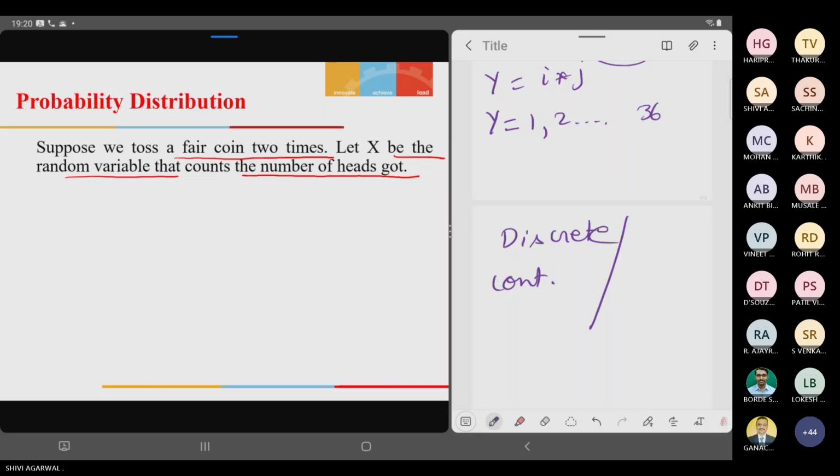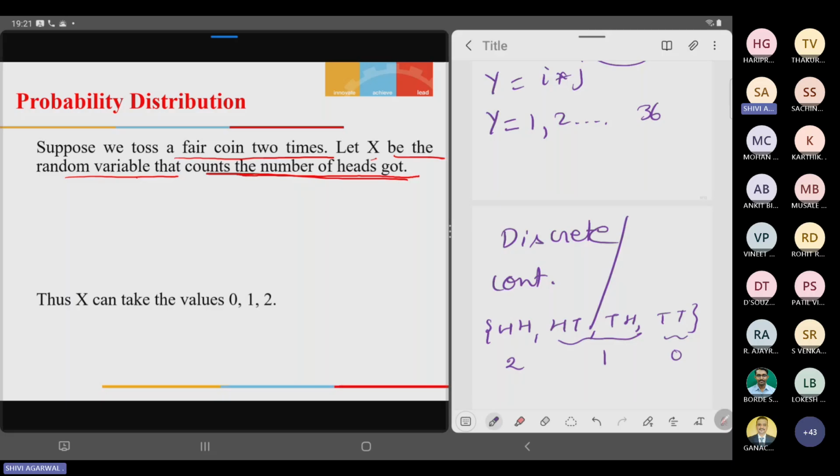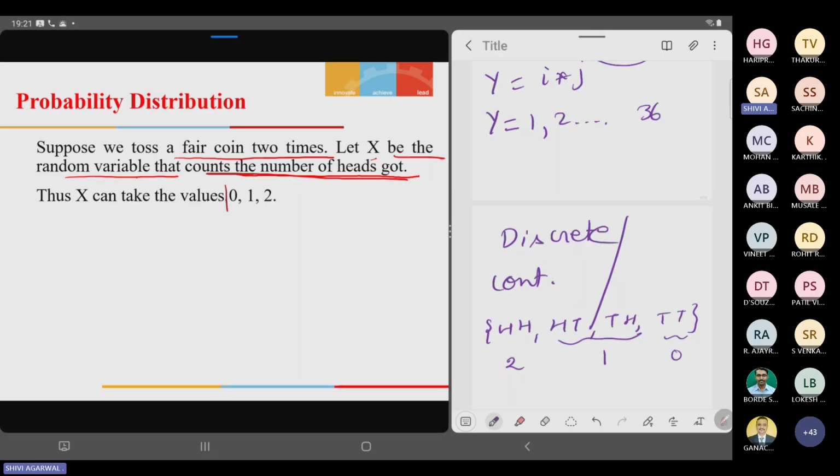So for HH it is 2, for HT and TH it's 1, for TT it is 0. So X is 0, 1 and 2. Clear?